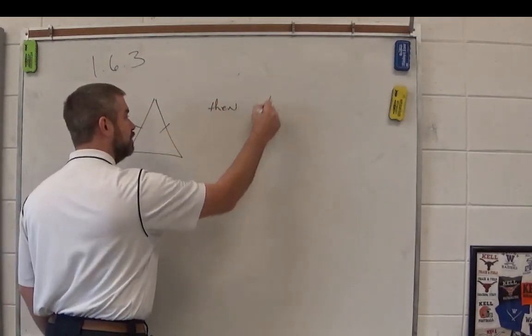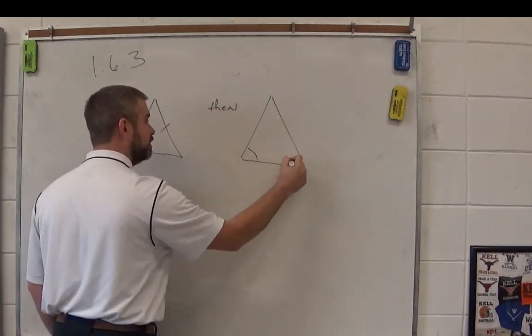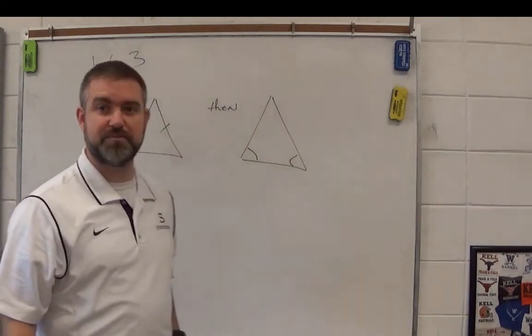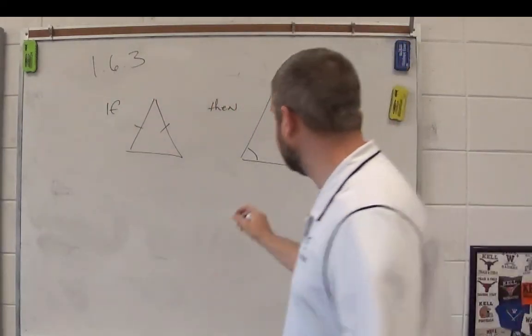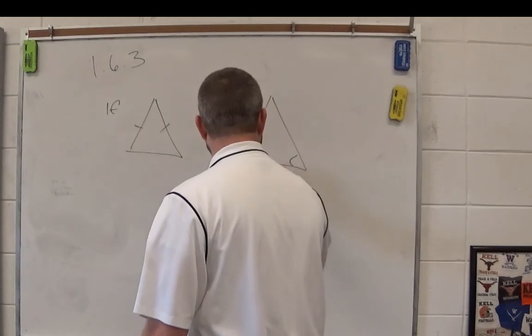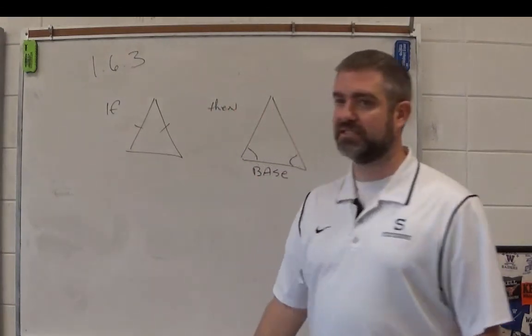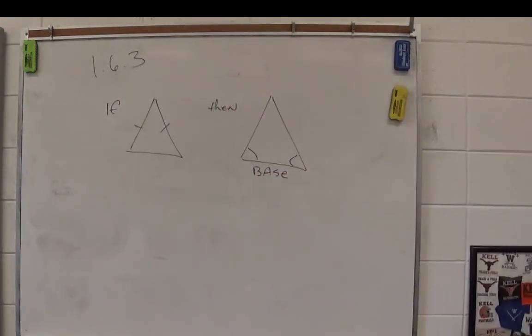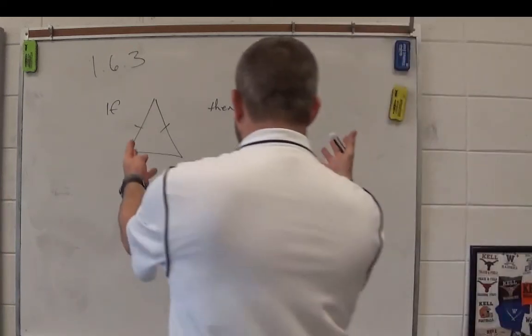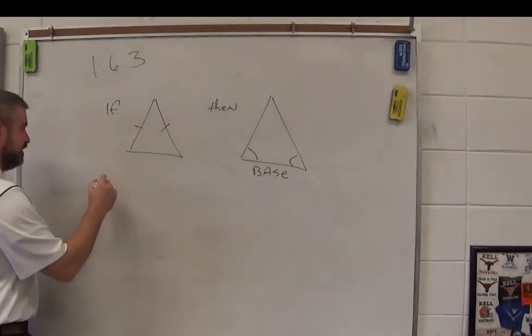The two bottom angles are the same. Correct. These two angles must be congruent. The base angles must be congruent. Let me say that again. If you have an isosceles triangle, then the base angles must be congruent. That's the theorem in a nutshell.